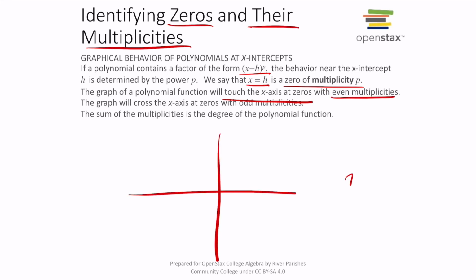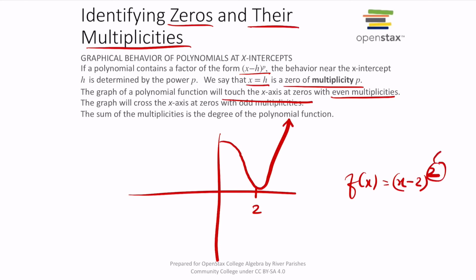For example, if you have f of x equal to x minus 2 whole squared, the graph at the point 2 will bend and just graze the x-axis and go back up, because the multiplicity here is even. If it is odd, then the graph will cross the axis.